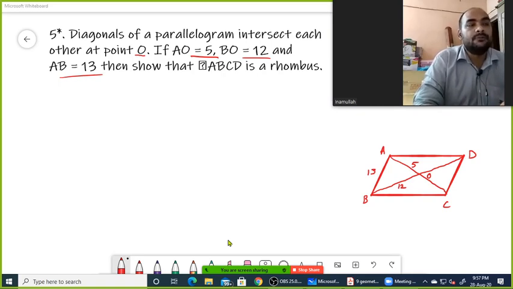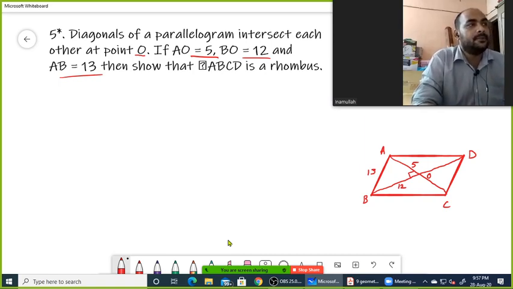So if we prove that angle AOB is 90 degrees, then we can say that these diagonals, AC and BD, are perpendicular to each other.